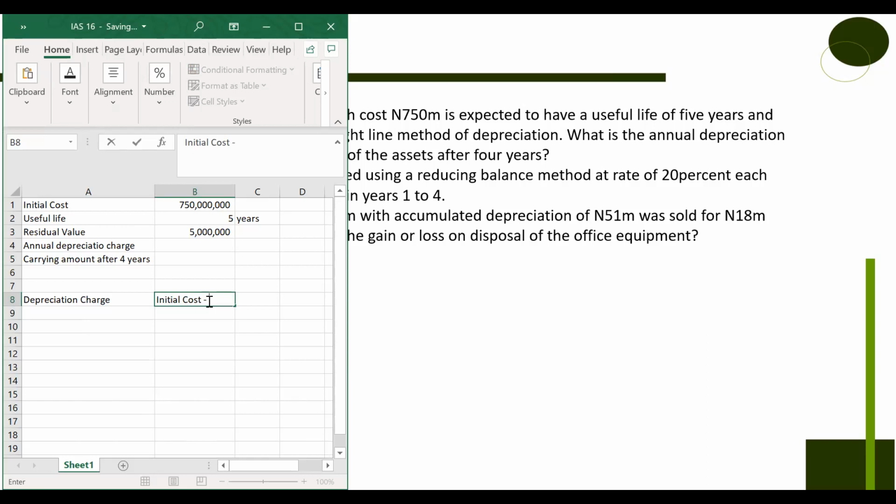I want to carry you along in this class. Are you there, Motu? Yes, sir. Okay, please stay with me. It will be initial cost minus residual value. So this is the same thing as what? The depreciable value.